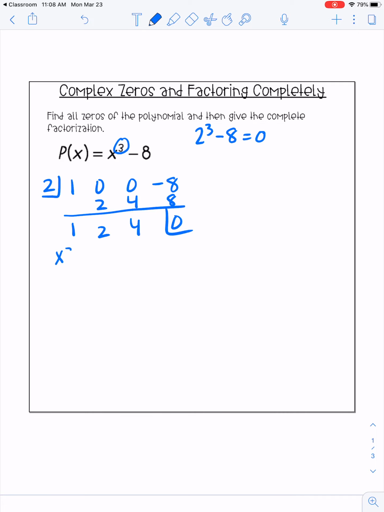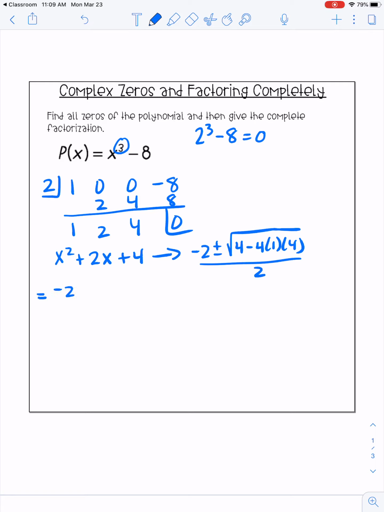I'm left with x squared plus 2x plus 4, which I can't factor, so I have to use the quadratic formula. So that's going to give me negative 2 plus or minus square root of 4 minus 4 times 1 times 4 all over 2. And that's going to simplify to negative 2 plus or minus square root of negative 12 over 2, which is negative 1.